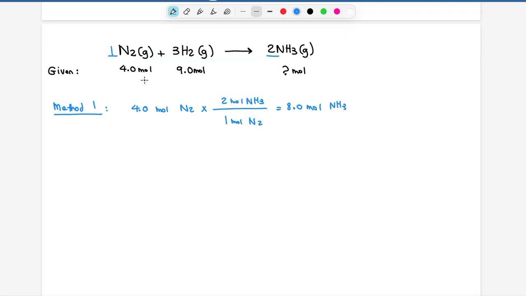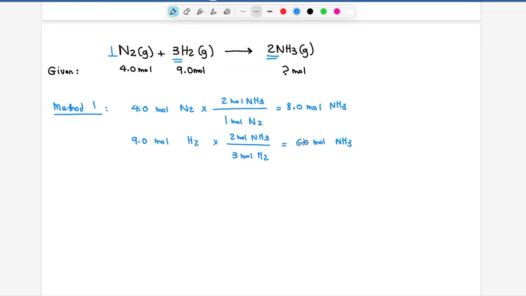Now we do the same thing again, but this time for H2. We start from 9 moles of H2, and we do the same mole to mole ratio, which is a 3:2 ratio. For every 3 moles of H2, there are 2 moles of NH3, and this way we find the answer to be 6 moles of NH3.